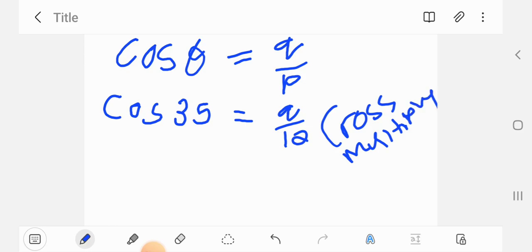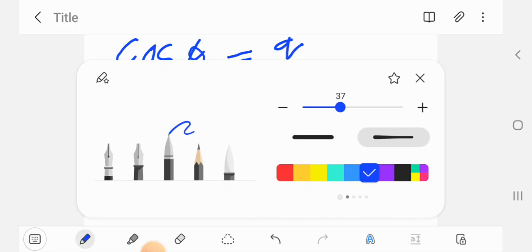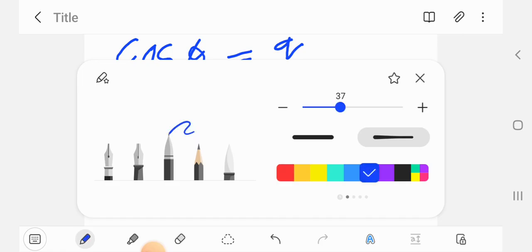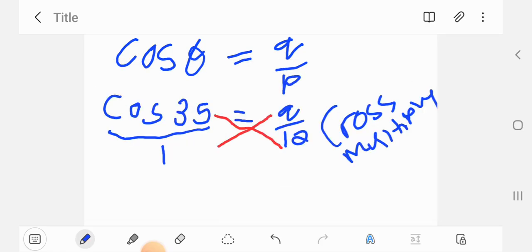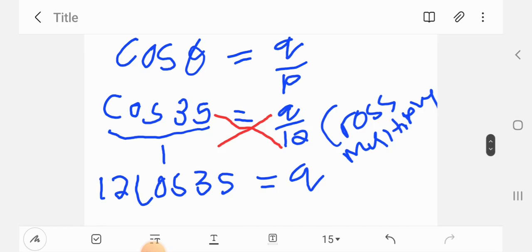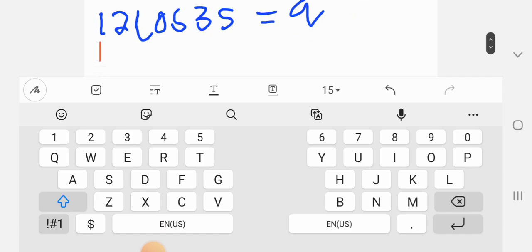It will be as if this is over 1, and this will multiply by the one at the bottom, and the 1 will multiply by the one at the top. So we will have 12 cos 35 equals Q, because we have multiplied cos 35 times 12 and 1 times Q. Anything multiplied by 1 remains the same.